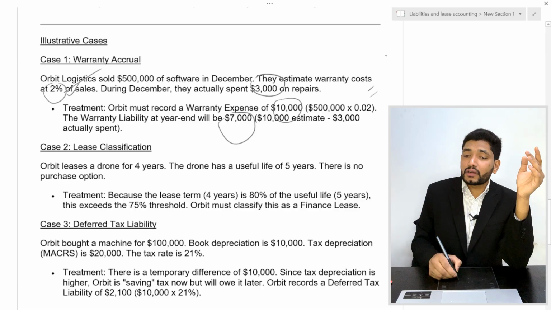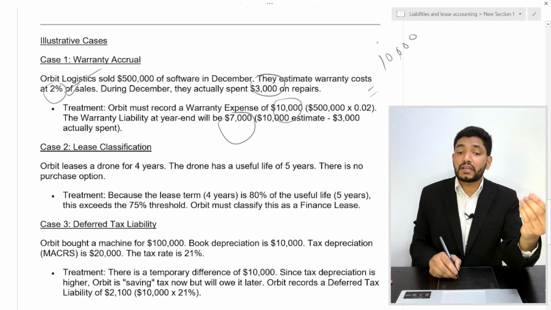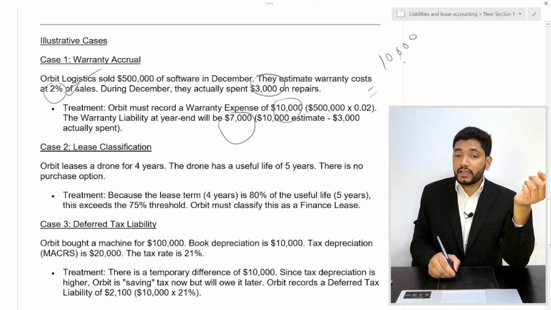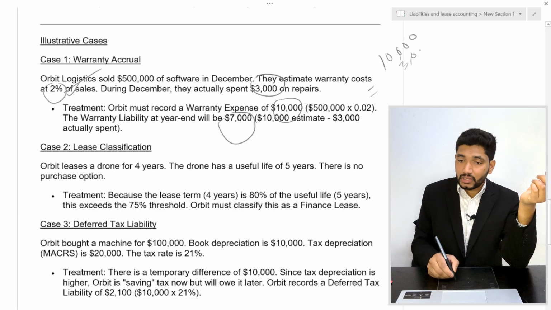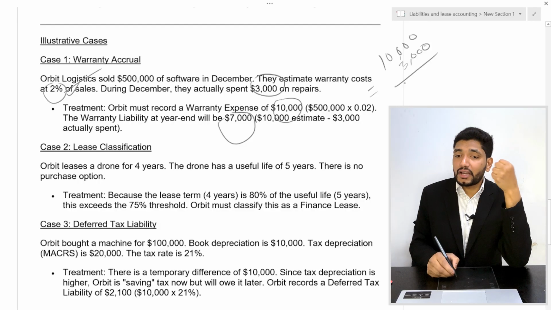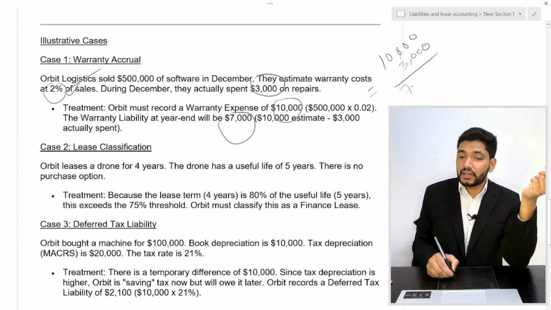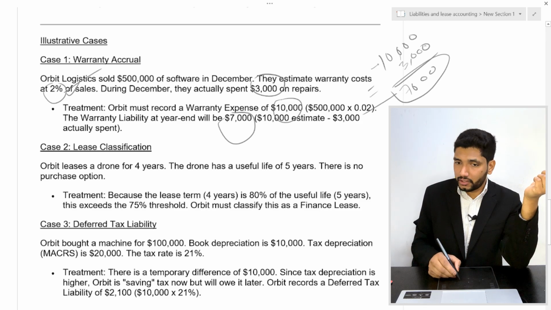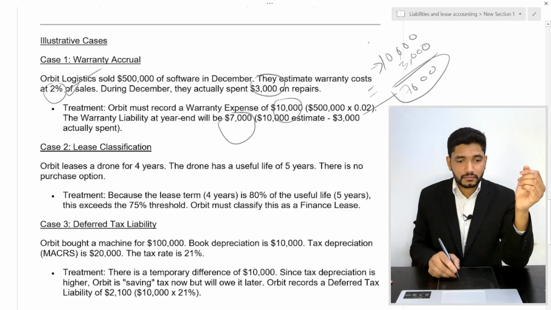Once you made sales, your warranty liability will be 10,000. Once you receive the warranty claim, you can reduce that 3,000 from this warranty liability. So, the warranty liability at the end of the period is 7,000 only, and your warranty expense is 10,000 for the period.